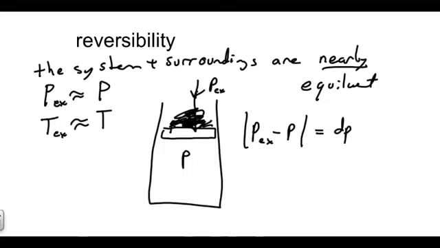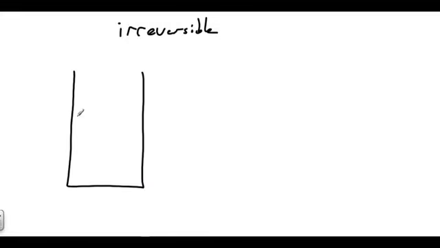Let's look at an irreversible change. So if a change is irreversible, we could imagine something where we have a piston and it's being held in place by some stops, and then we just pull those stops out.